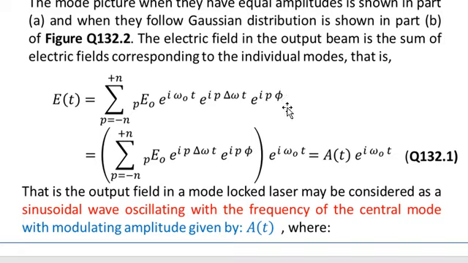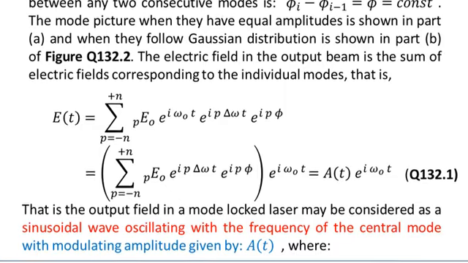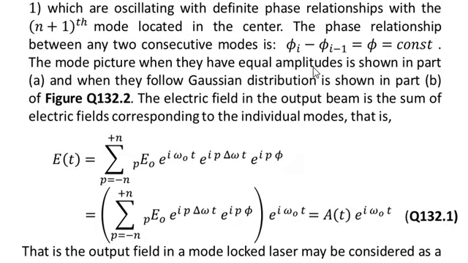That is, if p is equal to 1, then the phase is e to the power iota phi. If p is equal to 2, then the phase is e to the power iota 2 phi, which is the phase of the next mode. So from one mode to the next, the phase difference is constant, as we mentioned earlier, phi i minus phi i minus 1 is equal to phi, a constant. So this is the phi we have taken as a phase parameter.